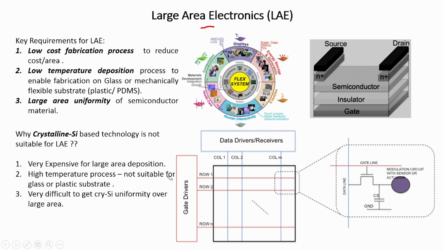So what is normally done is, in order to develop these kinds of large area electronic systems, one starts with a substrate, and this substrate is not a semiconductor wafer, but it could be any material, for example glass or even plastics.